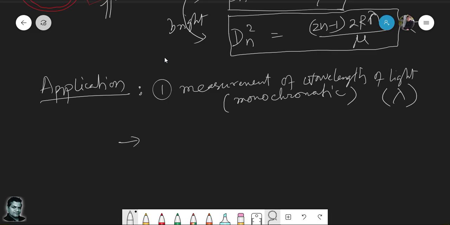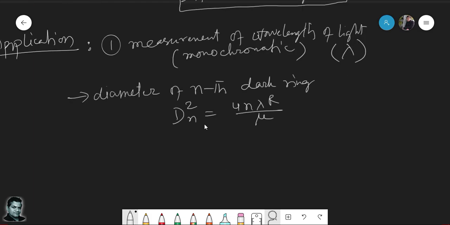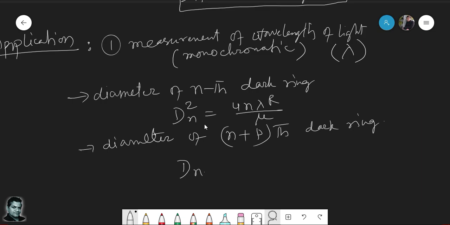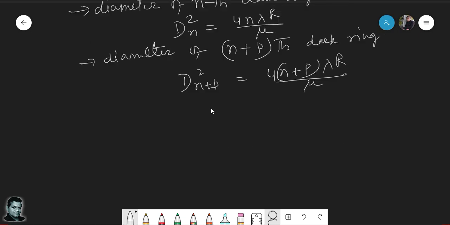So let's say the diameter of the nth dark ring is given by D_n squared equals 4nλR by μ. Similarly the diameter of the (n plus p)th dark ring would be D_(n+p) squared equals 4(n plus p)λR by μ, where p is just some integer. So if this is the diameter of the 10th ring, this would be the diameter of the 12th ring. In that case, p would be 2.